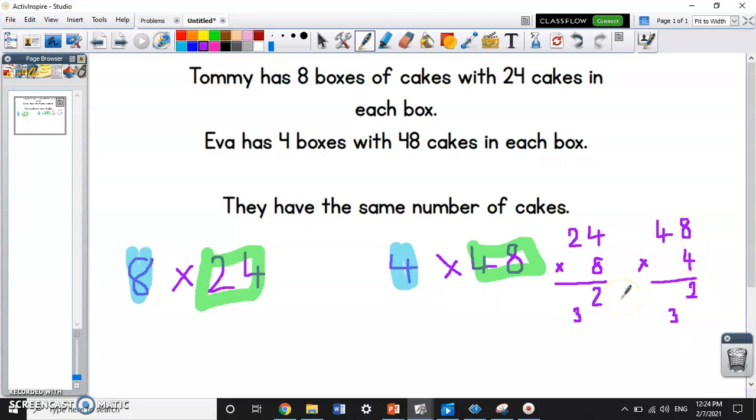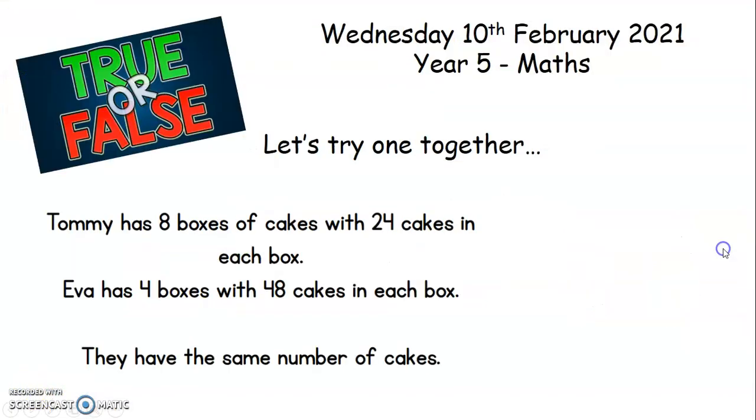Different calculation, but the same answer. But I've got to remember to add on the 3 both times, so it'll give me 19 tens. So you can see, in both cases, even though the question was different, the answer remains the same. So here you can then see the answer is true. 24 multiplied by 8 is the same as 48 multiplied by 4.